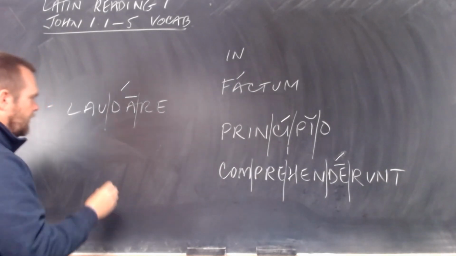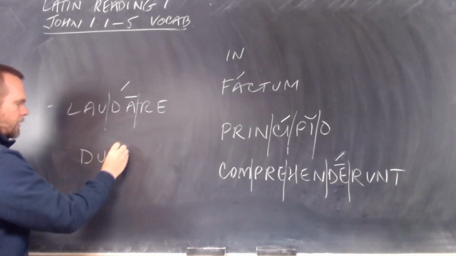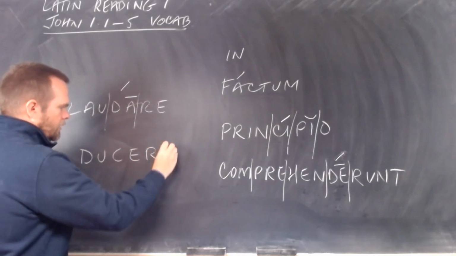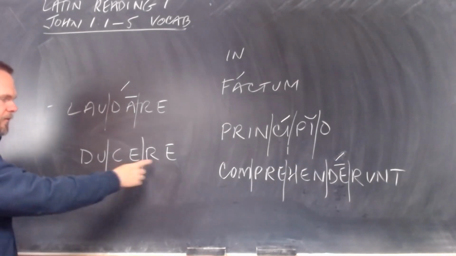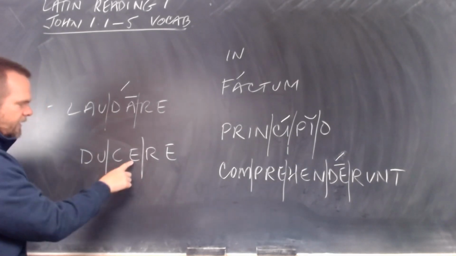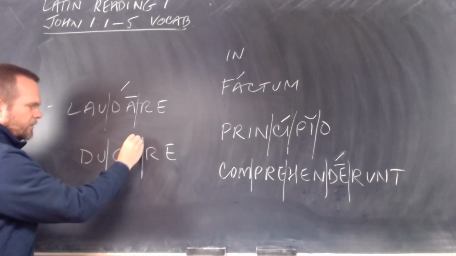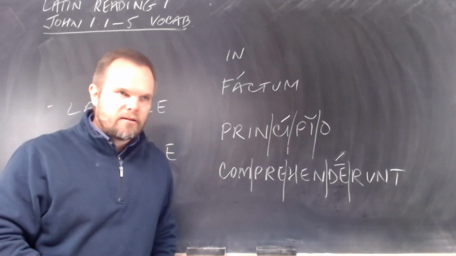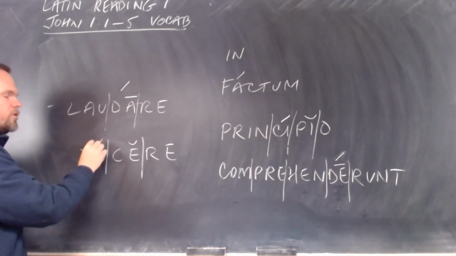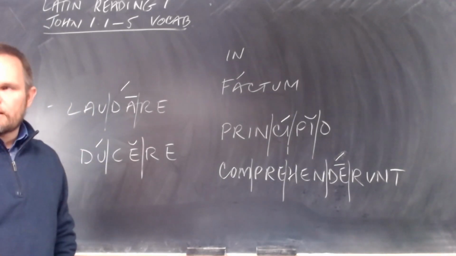All right? If we took the verb ducere, if you look that up in a dictionary, you'll see that this e is short. So we don't say ducere, we say ducere.